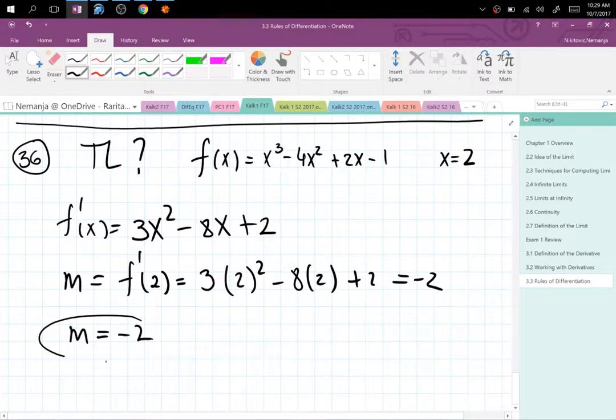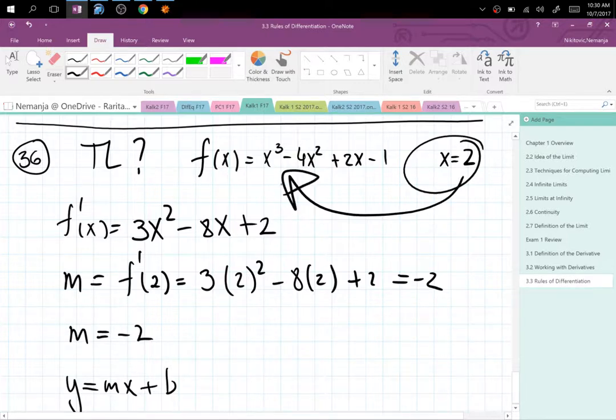All right, so I have m, I have x, I need y. Where do I find y? To plug stuff into y equals mx plus b. Where do I find y? Nice. Plug 2 into the original equation because y is equal to f of x.